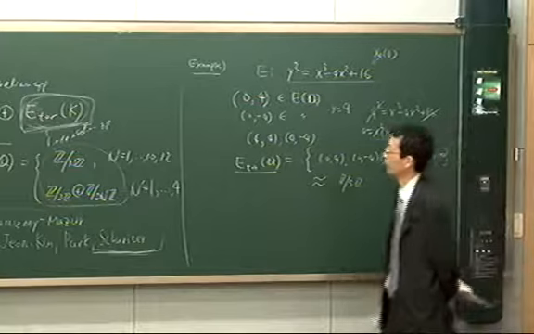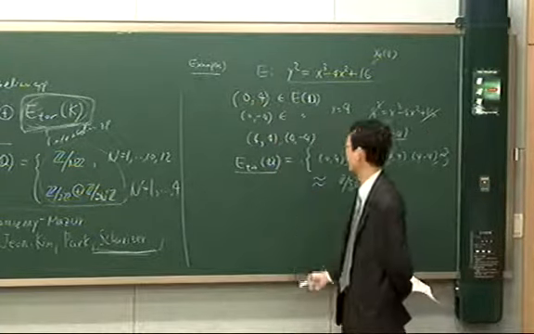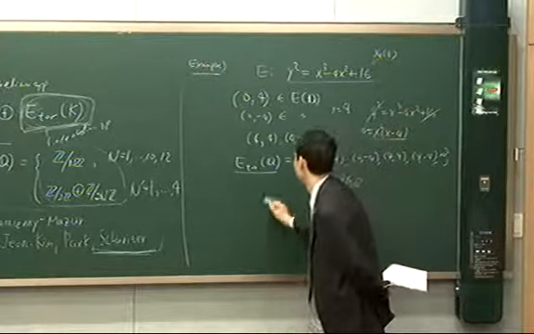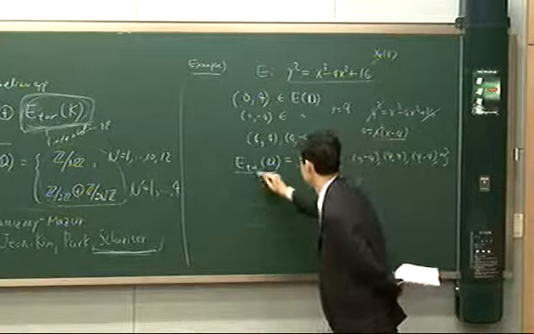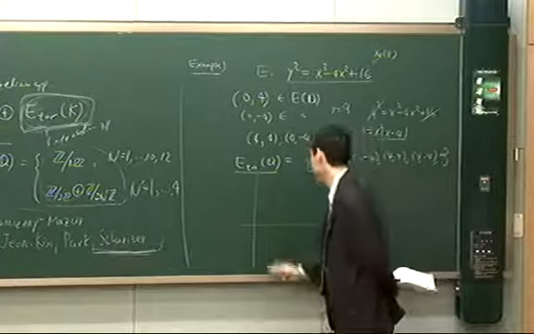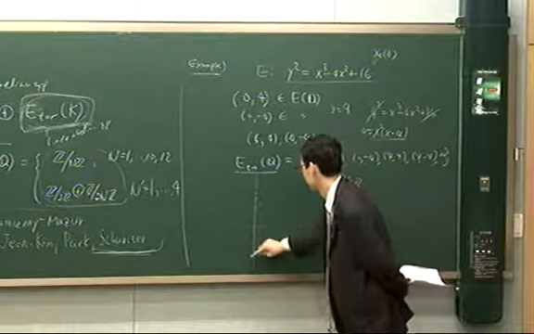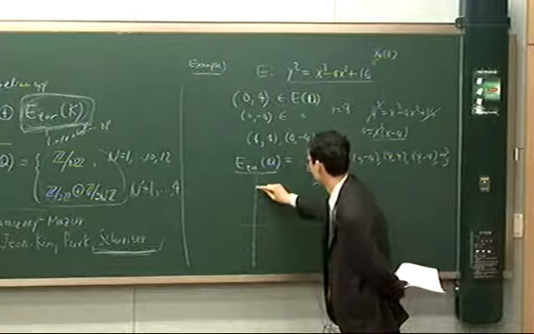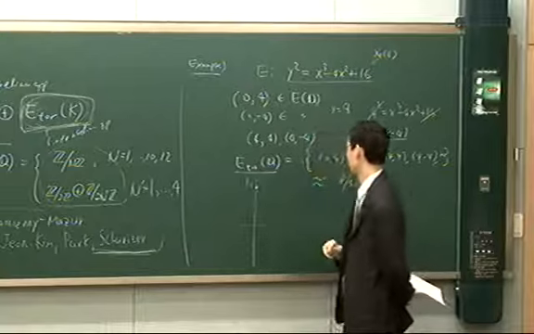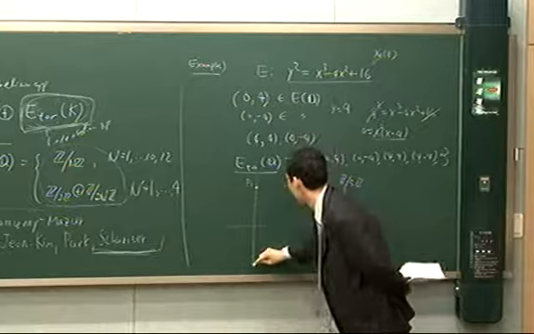If we draw a picture, then we can see clearly. If we draw this elliptic curve in the xy plane, then we have this point, which we denote by P1. Another point is here.